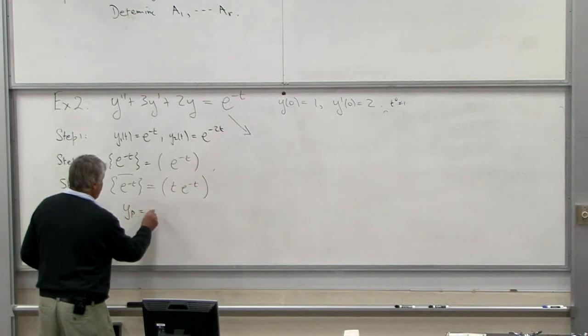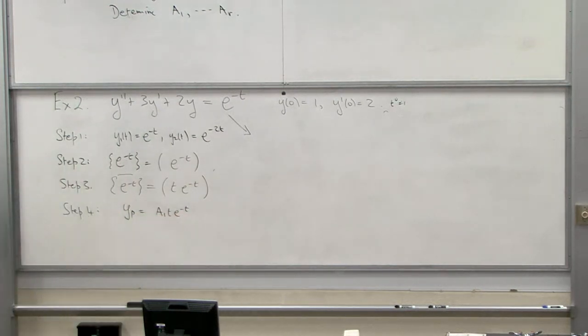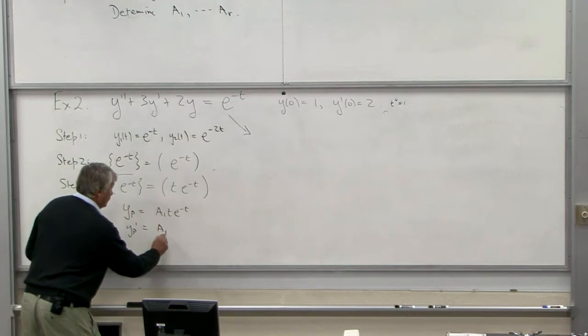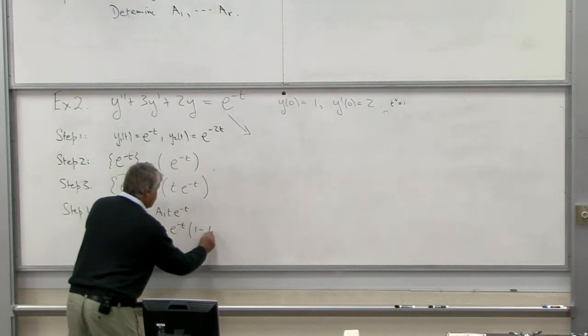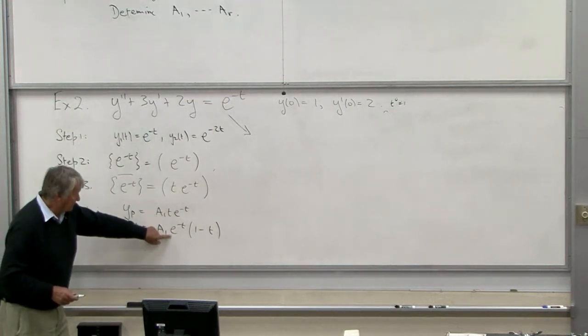All right, step 4. We seek y_p equal a1 t e to the minus t. Okay, y_p prime is a1 times e to the minus t, 1 minus t. Because when I differentiate the t, I get e to the minus t.